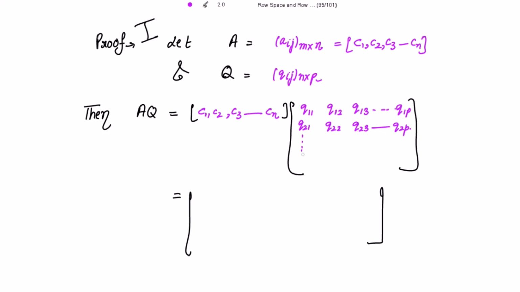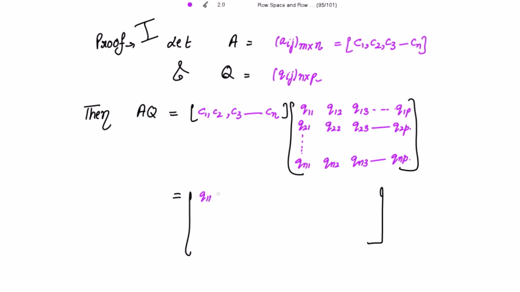Likewise, how many rows are there? N rows. So the element in the nth row, first column, nth row, second column, nth row, third column, nth row, pth column. Now let's multiply these two matrices.